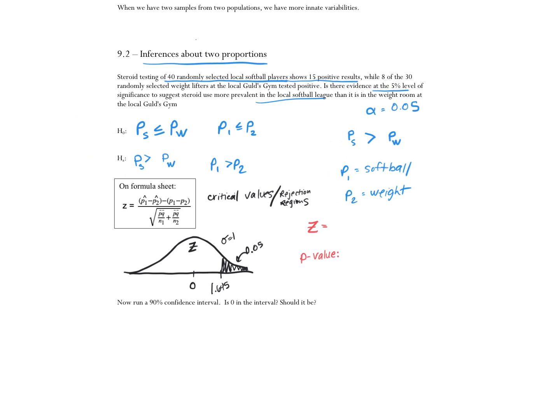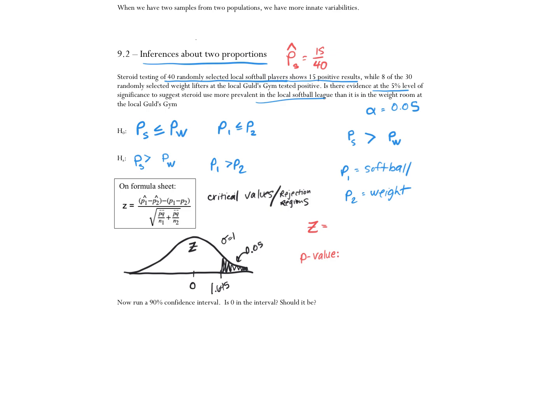In terms of understanding where that came from, that first line tells me that the p hat for softball was 15 out of 40. If you try to put a decimal in, it's going to tell you domain error because your calculator knows that X and N should be whole numbers.